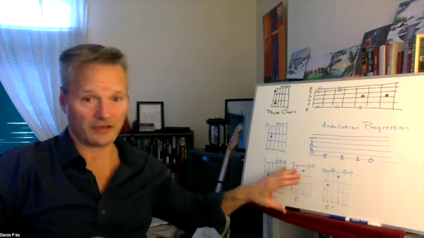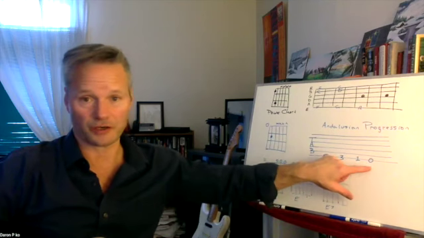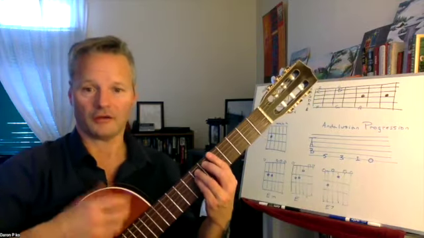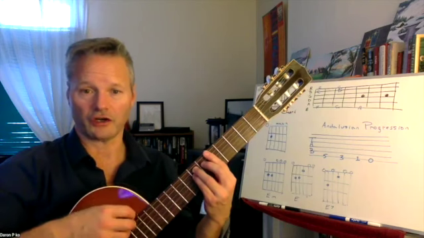There's a variety of E chords, and there's the Andalusian progression. You'll recognize this one from many songs, maybe just a Spanish sound. You may not even be able to distinguish the song, but you would recognize it.